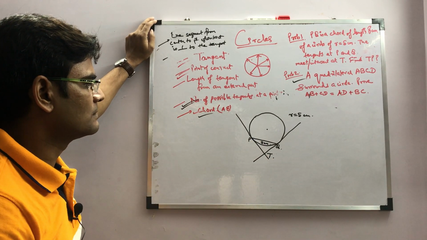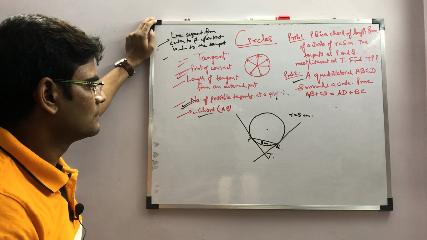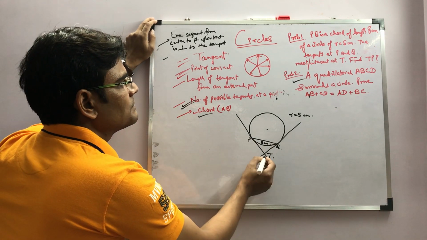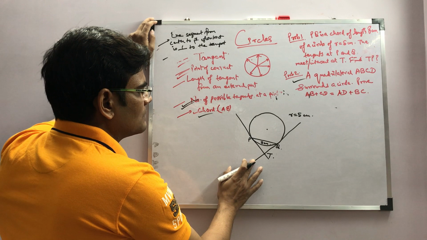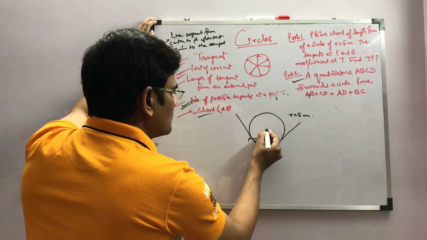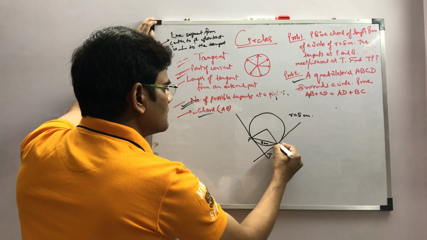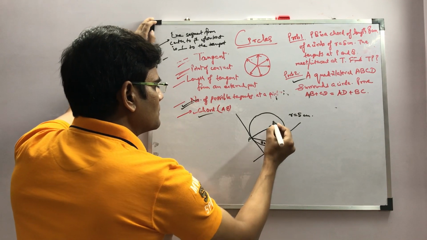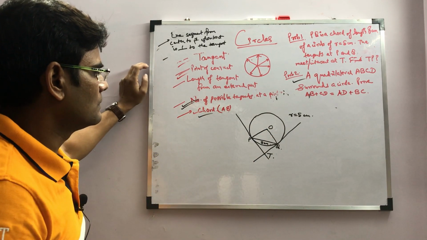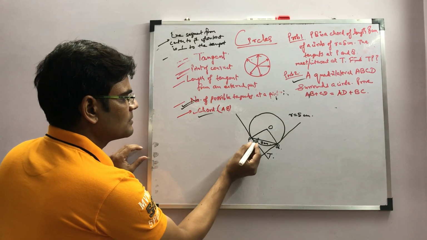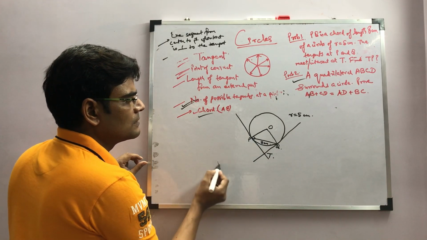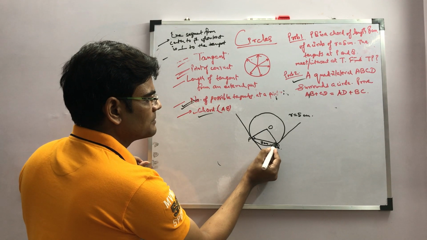How to resolve this? It's asking what is TP. Now let's complete this quadrilateral. This is center O. Now you know one thing, this line is perpendicular to this one. This line is perpendicular to this one.